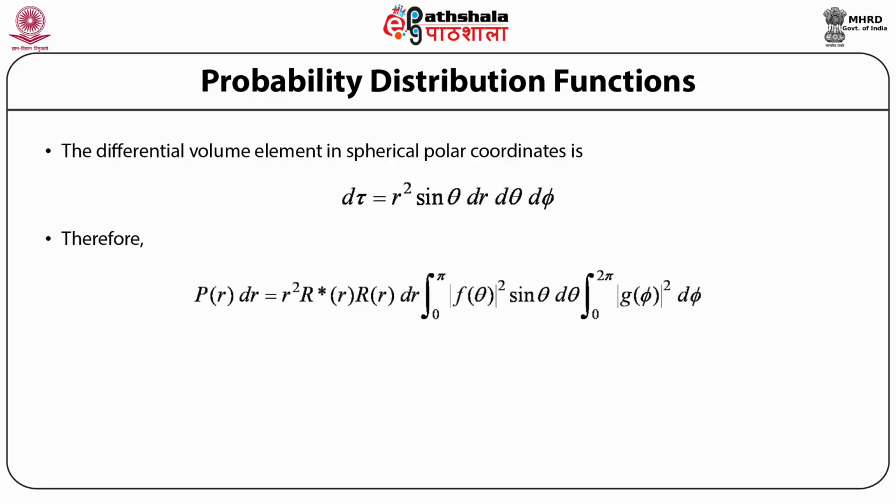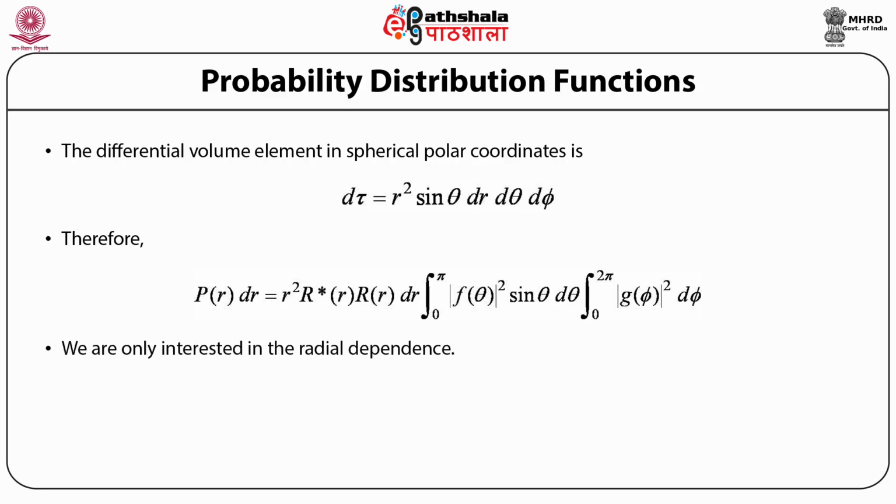Then the probability distribution function is given by P(r) dr is equal to r² multiplied by R*(r) R(r) dr multiplied by integral 0 to π of |f(θ)|² sinθ dθ multiplied by integral 0 to 2π of |g(φ)|² dφ.